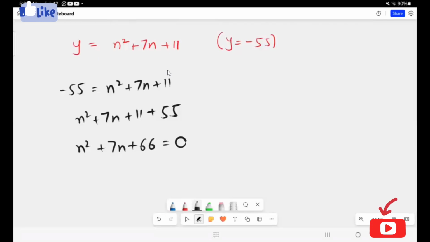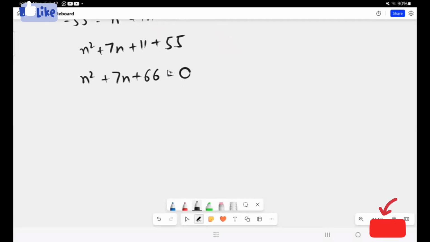Now for this, we are going to find the discriminant, which is b squared minus 4ac.